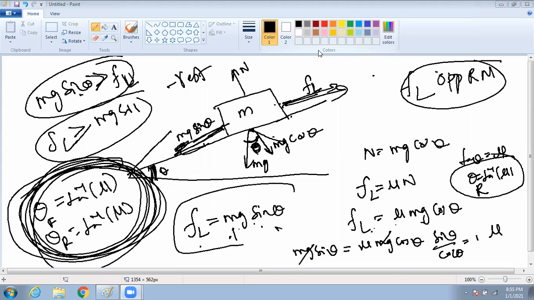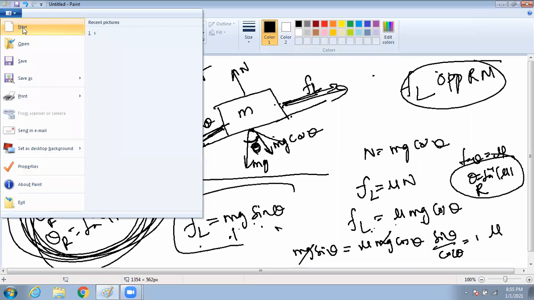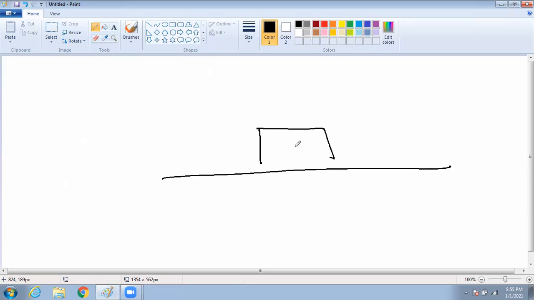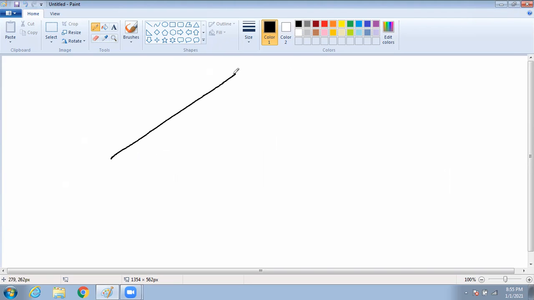Sir, the angle of friction, can you mark where the angle is, sir? I'm asking in an inclined plane. You have angle of friction, no? You should tell angle of repose.